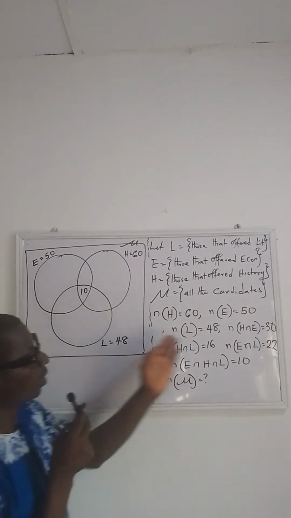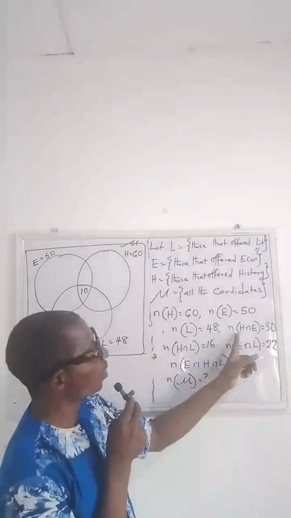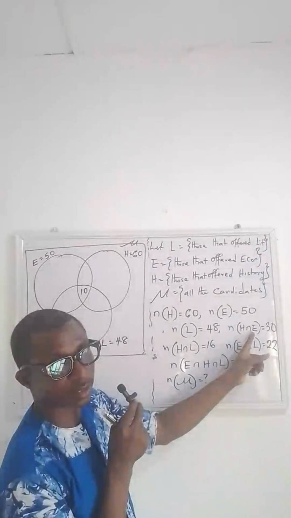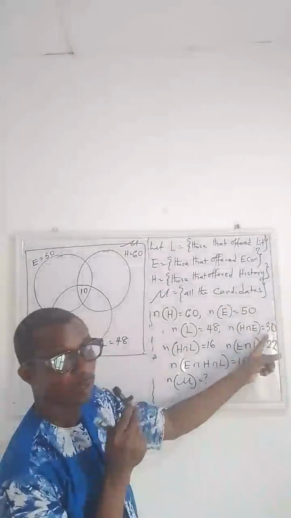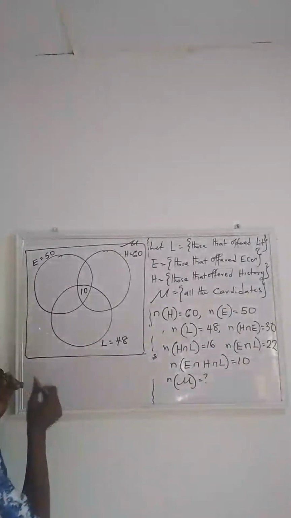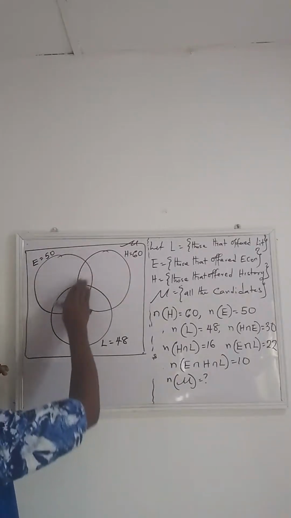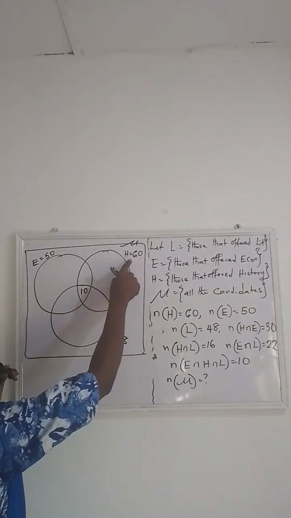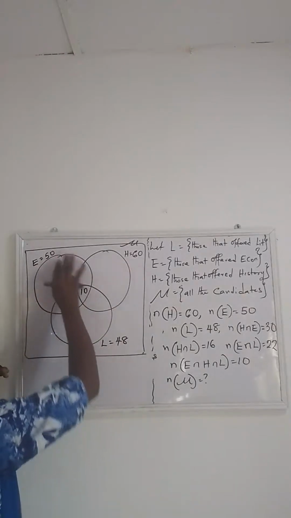Now, let us come here. Now we are given the number of those that offered history and economics to be 30. So where is the circle of history? We have this for history. History is H, and this is economics.